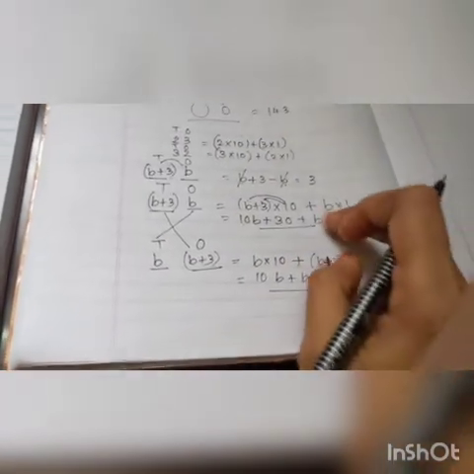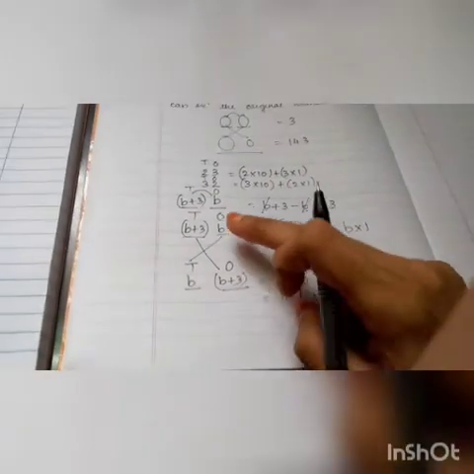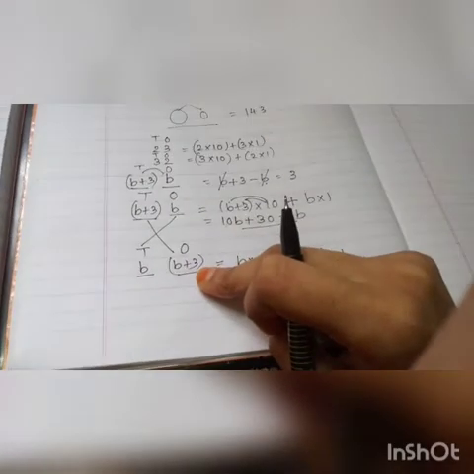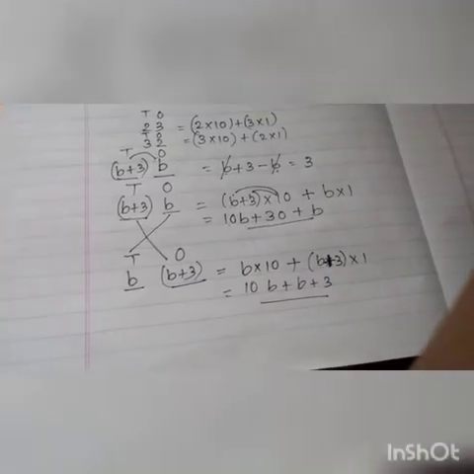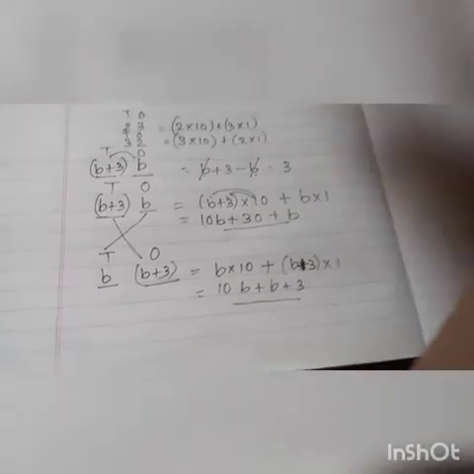If I add these two equations, I should get 143, because I told you original number plus interchanged number. So what is the first number? 10b plus 30 plus b.